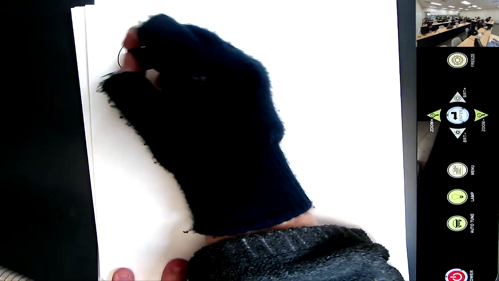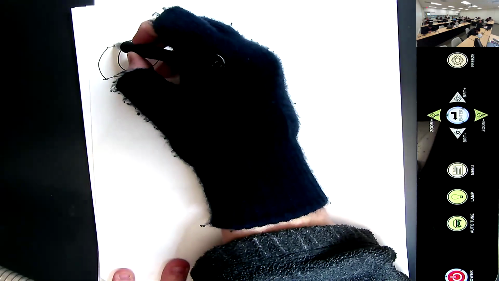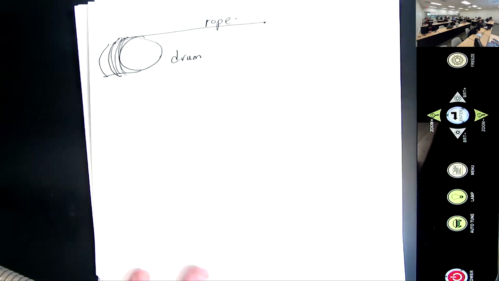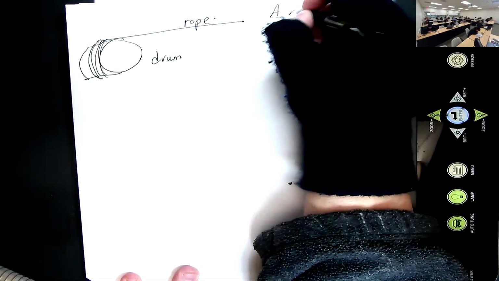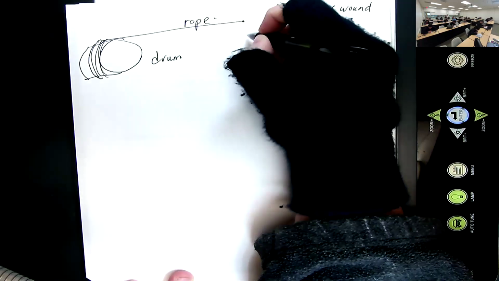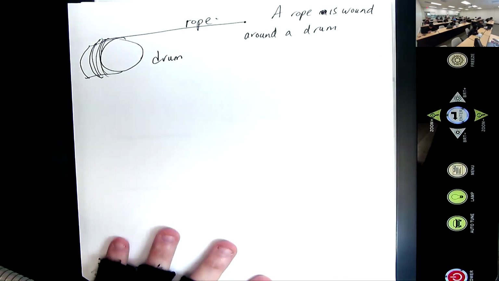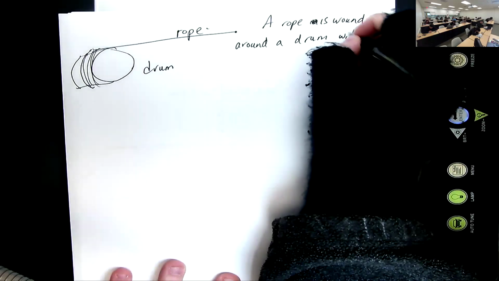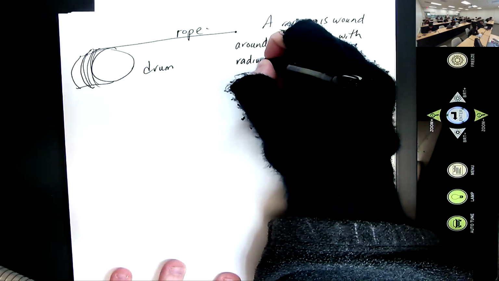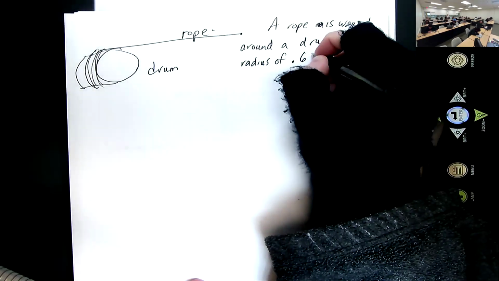So we got a drum, like a barrel kind of thing. This is a drum. And a rope is being wrapped around it. A rope is wound around a drum with the radius, I don't know, let's go with 0.612 meters.